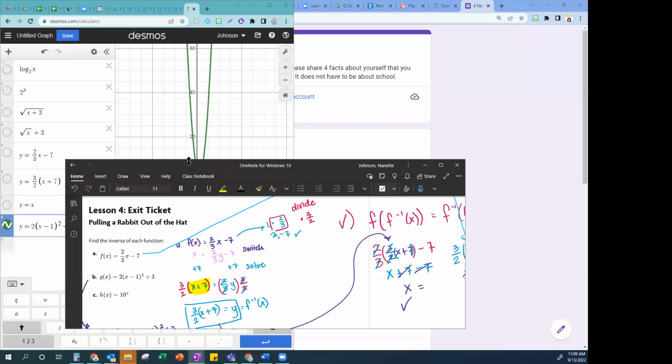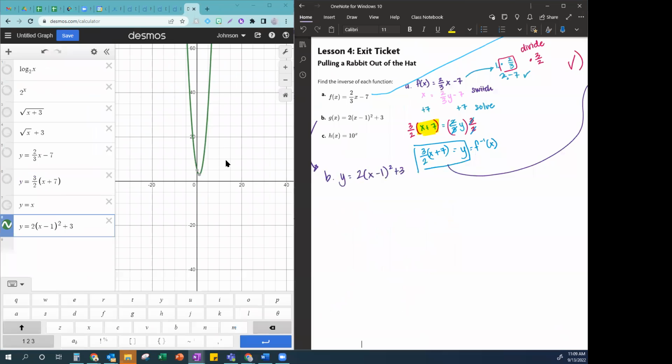Because it failed the horizontal line test, it doesn't talk about the function itself. It's talking about this guy's inverse. The inverse of this, the domain is going to be different. So when I reflect this, it's not going to be a perfect reflection, and then you'll understand, oh, that's what she means by restrict the domain.